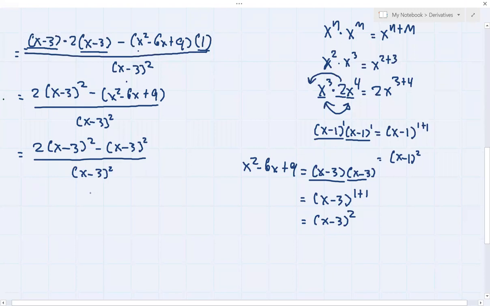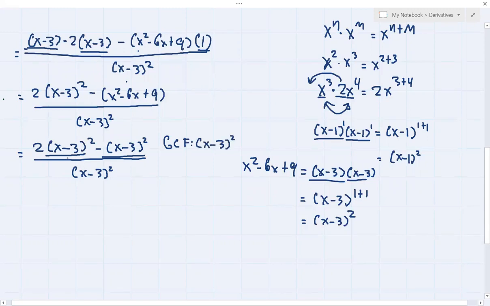Ngayon, we can simplify. Sa numerator, if you're going to observe, the first term has the square of x minus 3. And the second term, meron din siyang the square of x minus 3. So therefore, the first two terms are both divisible by the square of x minus 3. At yan yung greatest common factor nila, which is the square of x minus 3.